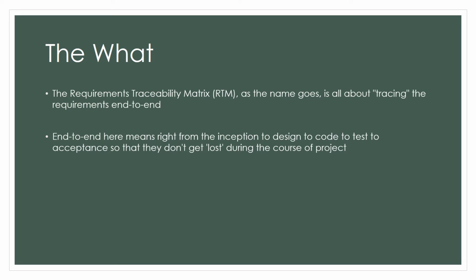And end to end here means right from the inception, right from when the requirement was suggested by someone, to design, how was it designed, to coding, how was it coded, and to testing, and then finally into user acceptance testing as well, so that they don't get lost during the course of the project. So you can see the entire relationship of a requirement and its journey right from inception to user acceptance testing with the help of this document.